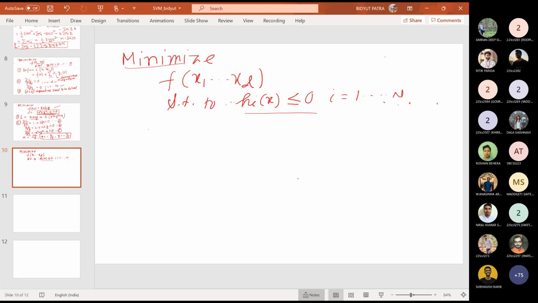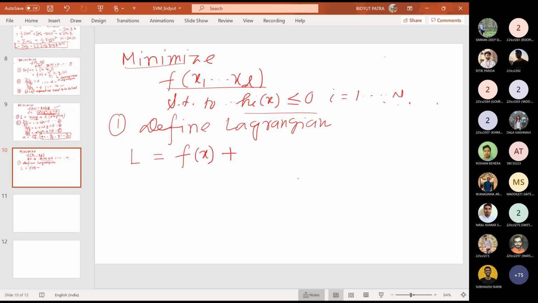You have to form, so define the Lagrangian, L equal to this function, that is f(x), plus, you have multiple constraints and they are less than or equal to 0, so therefore this is plus summation over alpha_i, same as the lambda, into h_i(x), okay, so i equal to 1 to n.